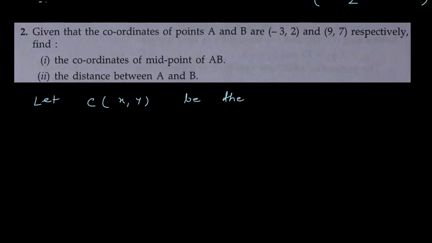So therefore I have x is equals to minus 3 plus 9 divided by 2 and y is equals to 2 plus 7 divided by 2. This is by using midpoint formula.